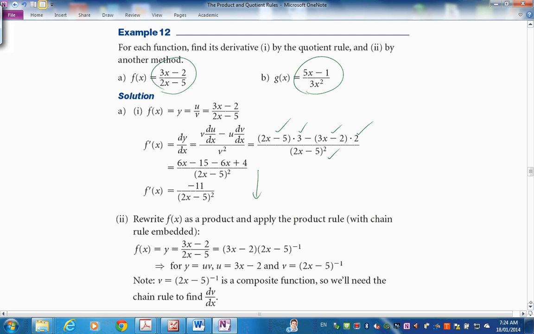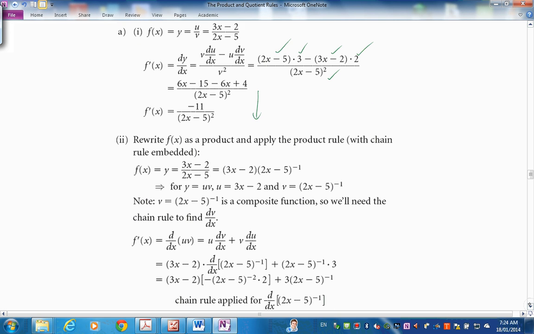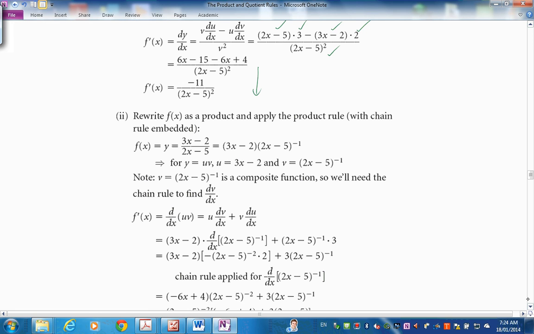Now this is something I don't really want you to do. Pearson's are showing it for completeness here. You can make the function a product, right, by saying the top line by the bottom line to the neg 1. Okay, so you can do that, but generally we wouldn't.